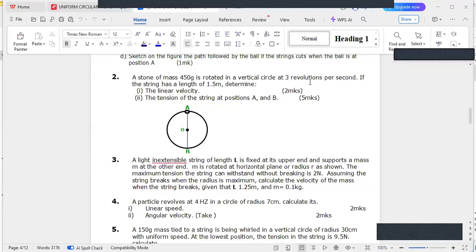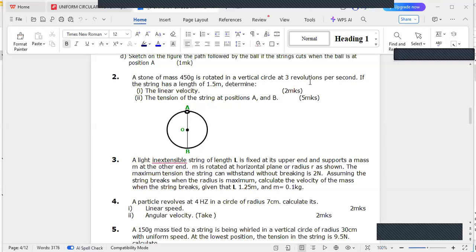Or you can use m omega squared R minus mg. So the mass is 450, changed to kilograms. That is 0.45. Velocity is 28.27 squared. Radius is 1.5, minus 0.45 times 10.